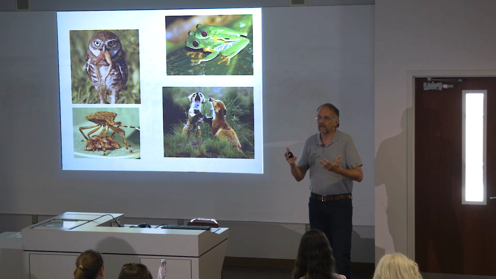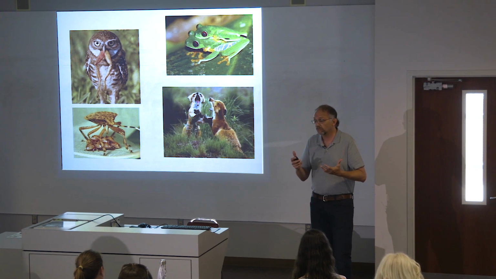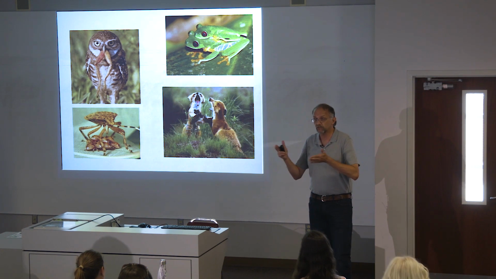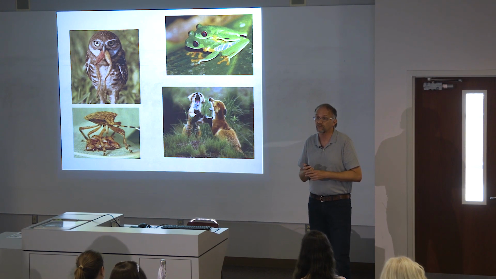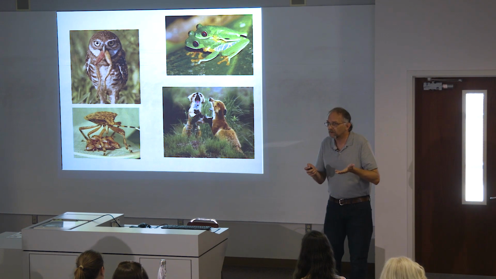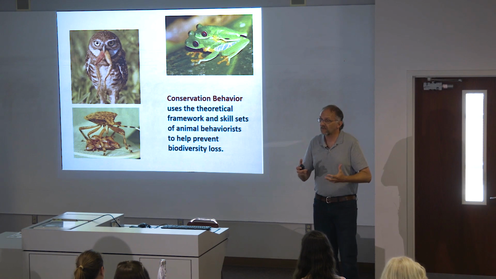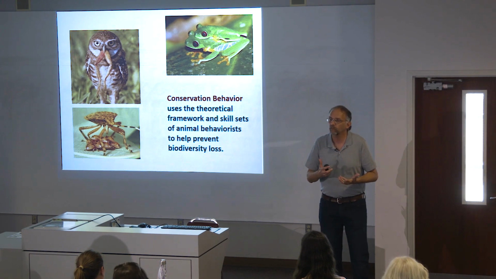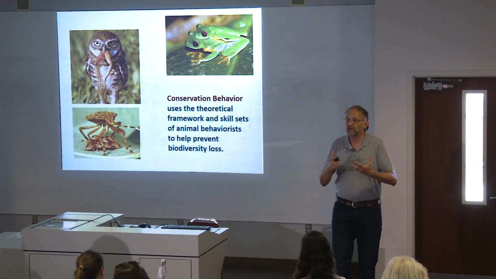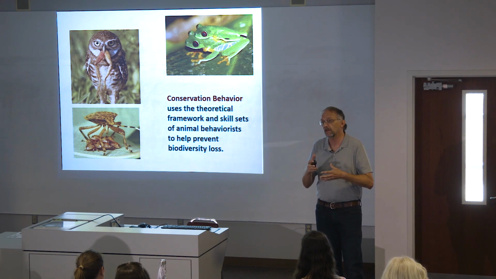This history of animal behavior study has created a set of skills, but also frameworks that are really translatable to the behavioral issues in conservation. So just very generally, I would say that conservation behavior is taking advantage of the existing theoretical frameworks in animal behavior and the various skills that we bring to play.